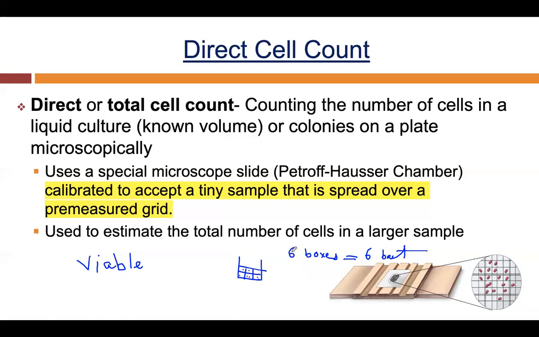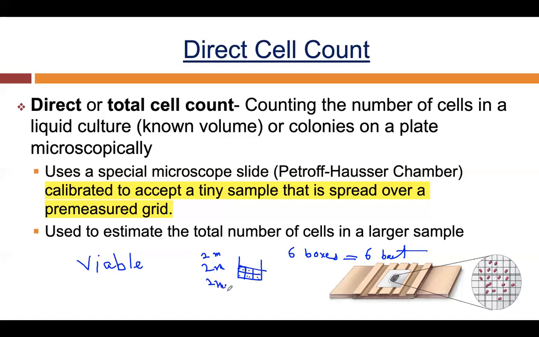Now, what's the area of one box? Let's say from here to here is 2 millimeter, and this much is 2 millimeter. That's the area. And if we place a cover slip, the height is 2 millimeter.